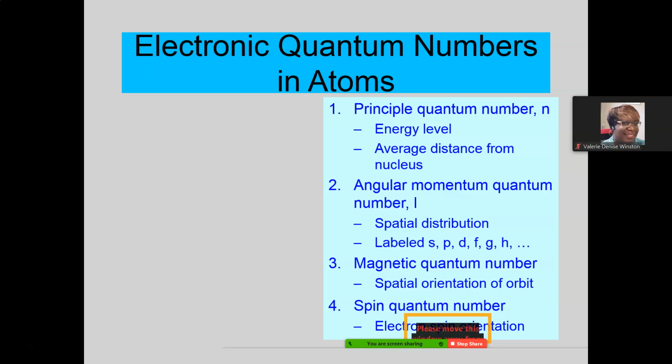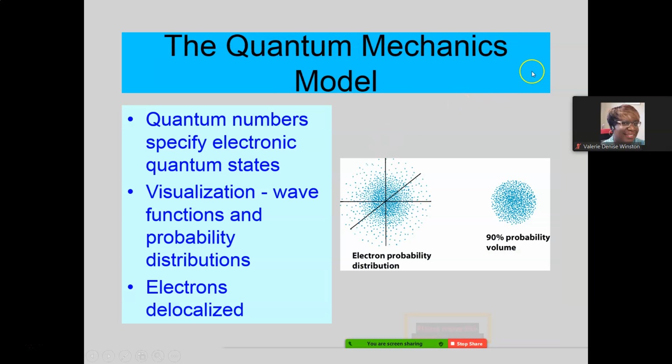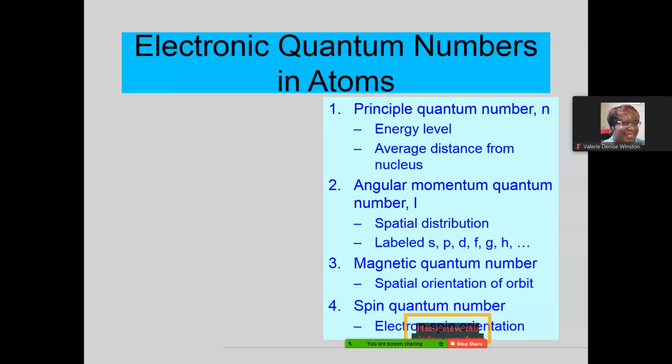The second one is the angular momentum quantum number, and that's L. Okay, that's not a 1 or an I, that's an L. That has to do with not how far from the nucleus, but what kind of spatial distribution you have. The one they showed back here, that's an quantum number 1. It's a spherical distribution. Okay, I just know that from before.